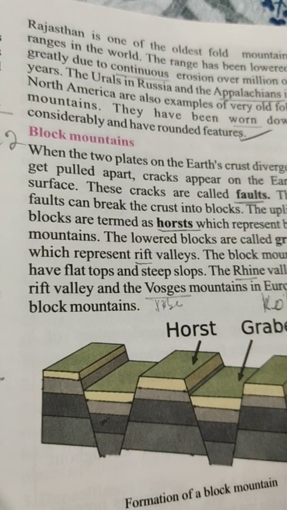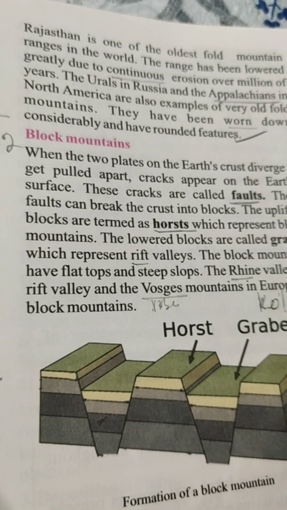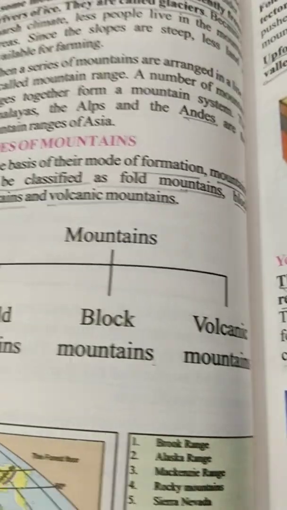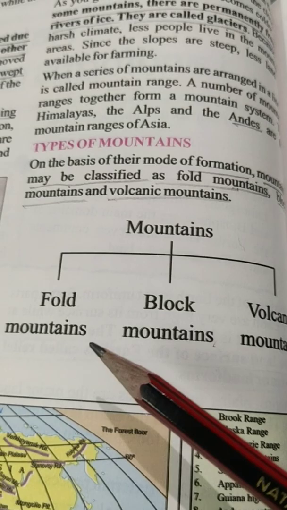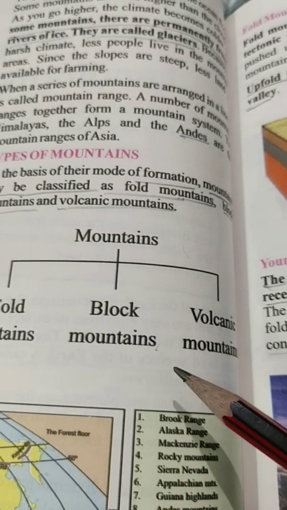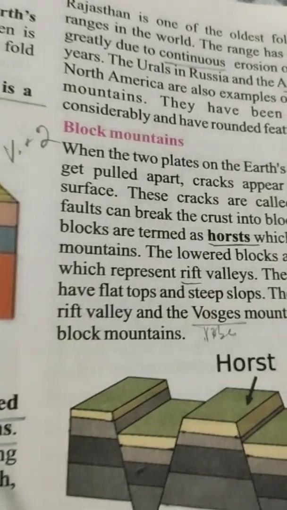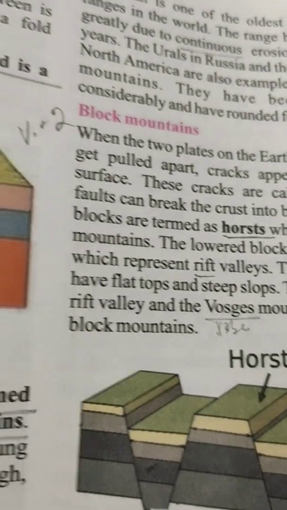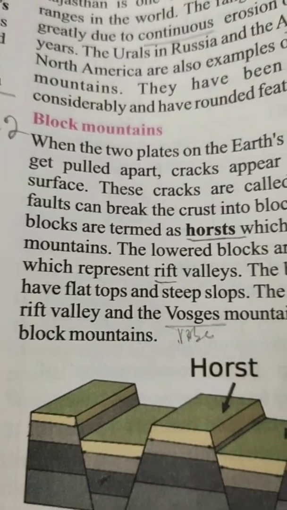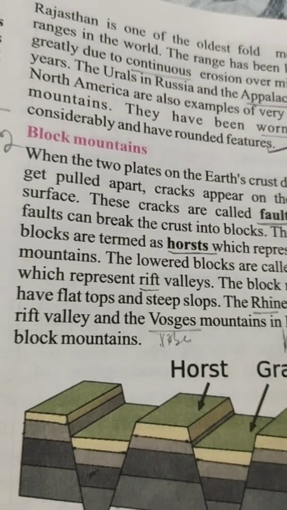Yes, there are three types of mountains. See, fold mountains, block mountains, and volcanic mountains. So, in the previous class, we already discussed fold mountains, and today we will discuss block mountains.